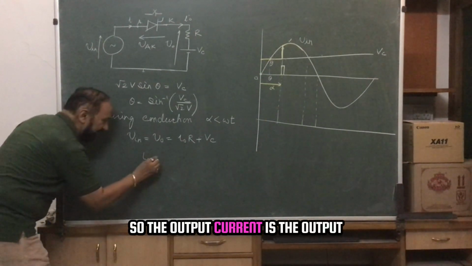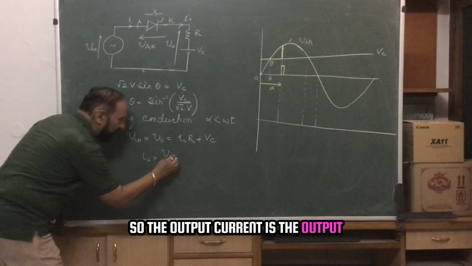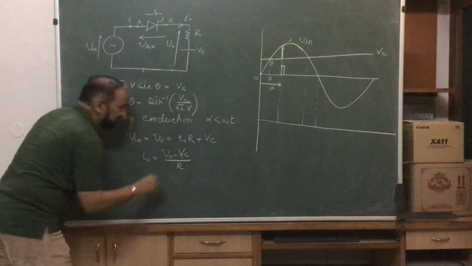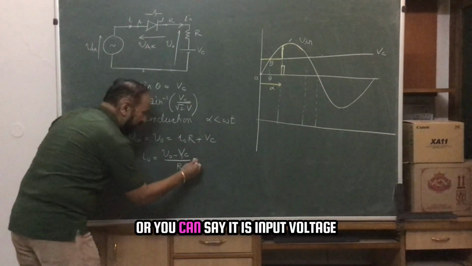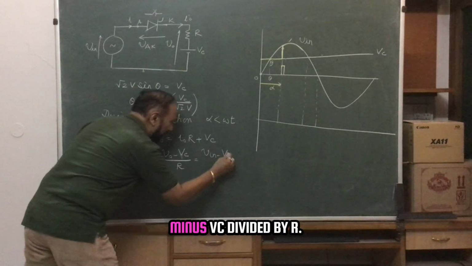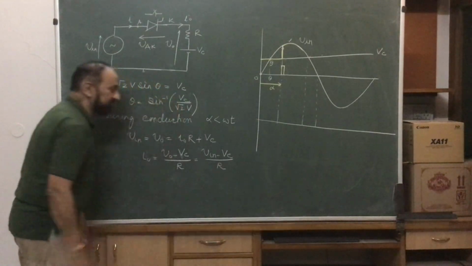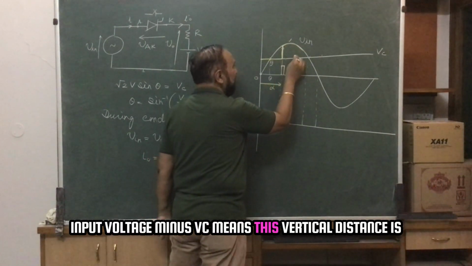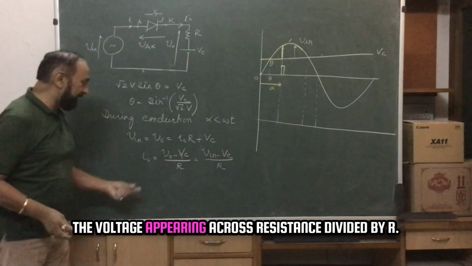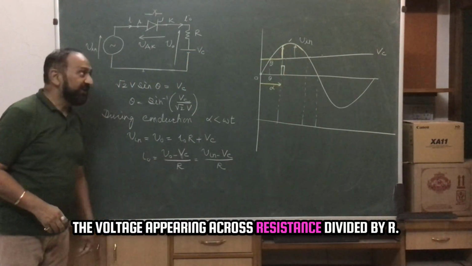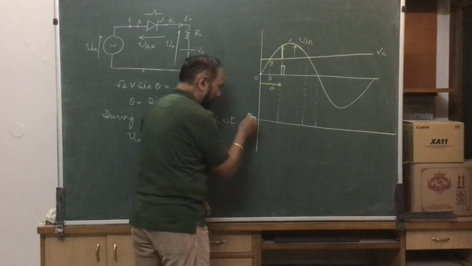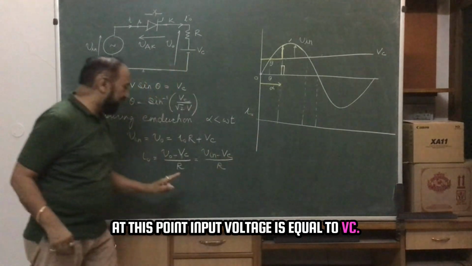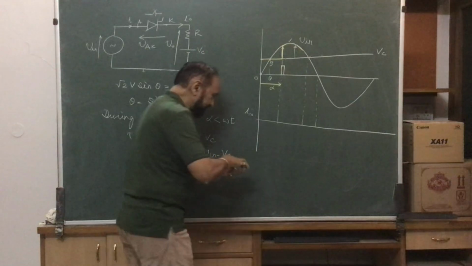So the output current is the output voltage minus VC divided by R, or you can say it is input voltage minus VC divided by R. Input voltage minus VC means this vertical distance is the voltage appearing across resistance divided by R. At this point, input voltage is equal to VC, so the current becomes 0.